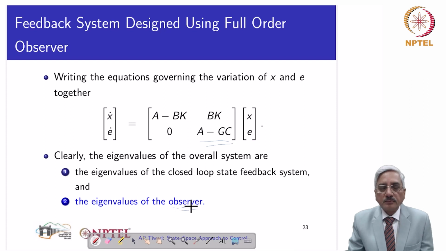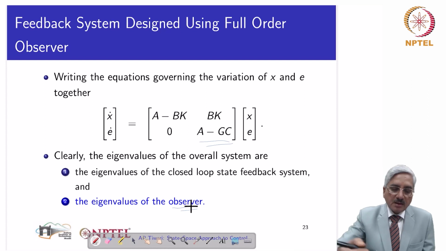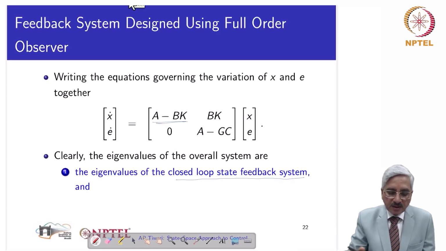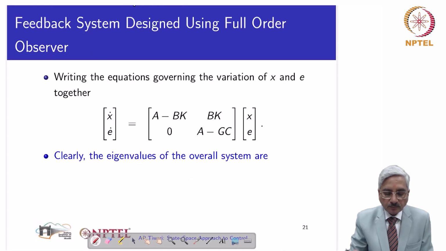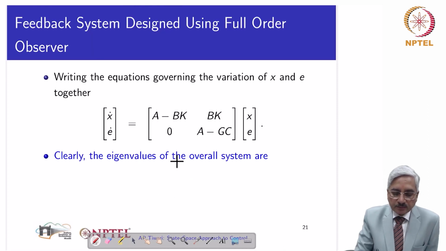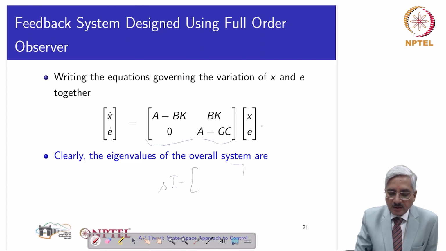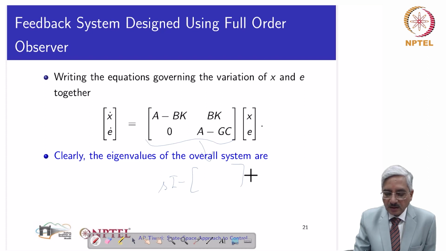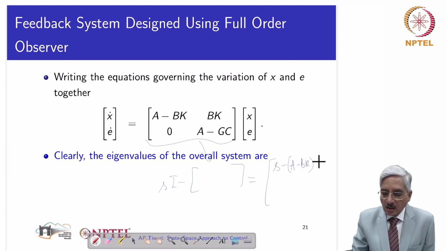For those who cannot pick up this point, we can do a small bit of calculation. This matrix sI minus this matrix will give sI minus A plus BK, minus BK, 0, and sI minus A plus GC.